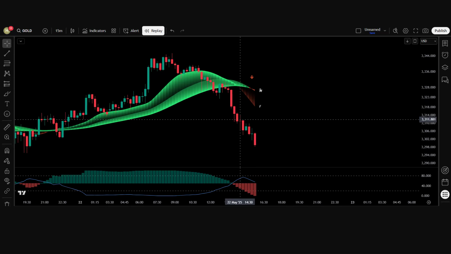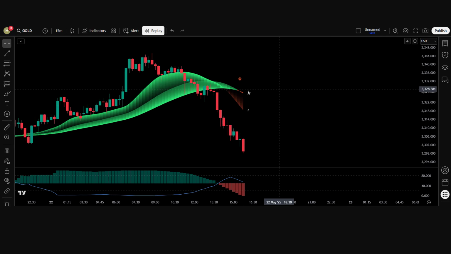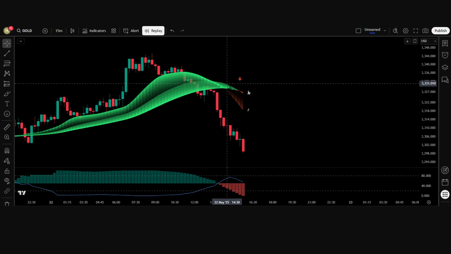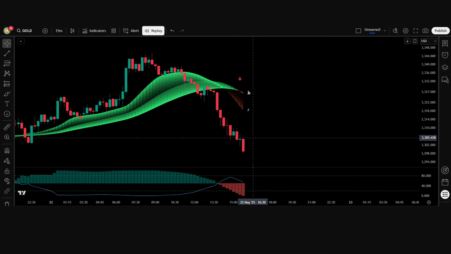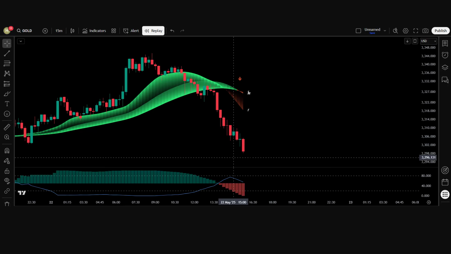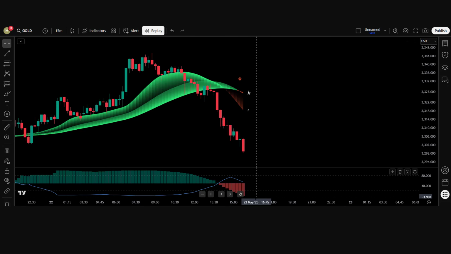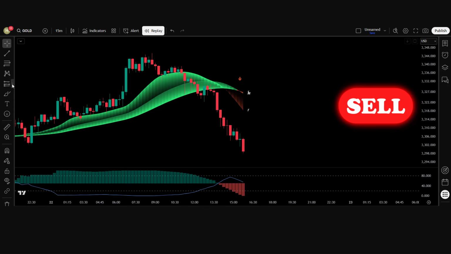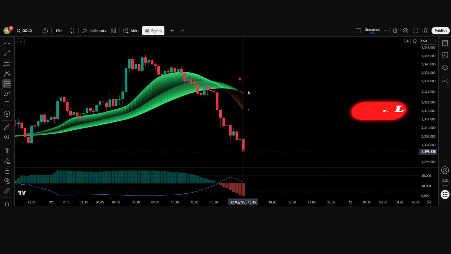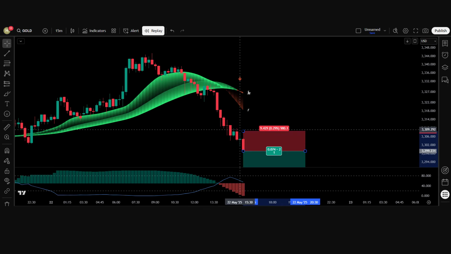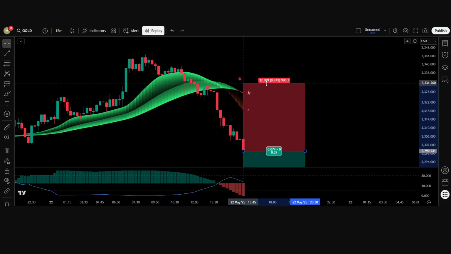We have got the signal. Here the Smooth Cloud indicator gives us a sell signal. The market has made a bearish candle to give confirmation. The columns of the MA proximity oscillator indicator are bearish. So all our conditions are being fulfilled, so we are placing an order to sell. Our stop loss will be placed at the current market's higher level, and the risk to reward ratio will be 1:1.5.